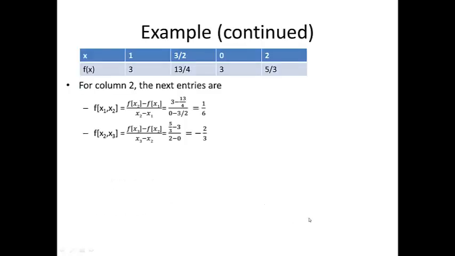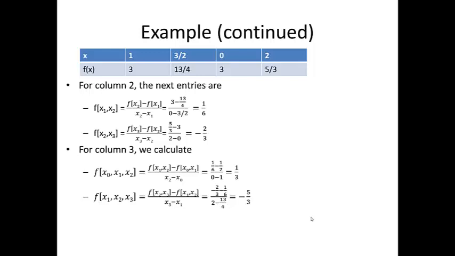Now for column 2, the other 2 entries, we continue along using our formula, and we plug in the numbers. We get 1/6 and minus 2/3. Column 3, again, we use the formula and our previous results, and we derive the values 1/3 and minus 5/3.